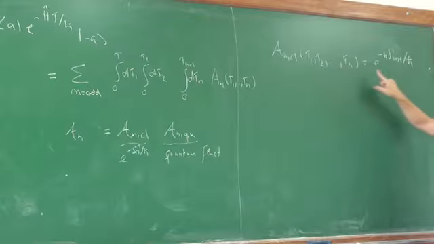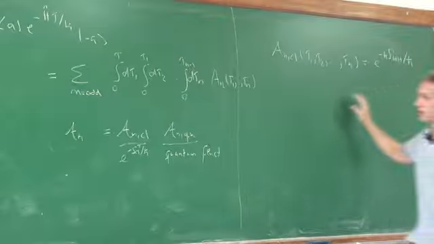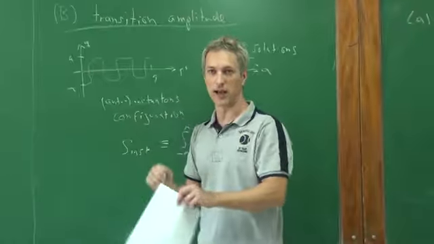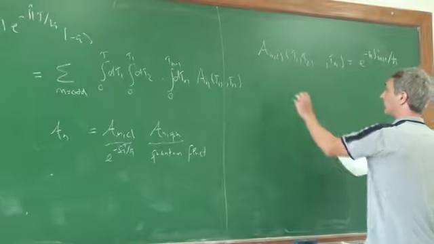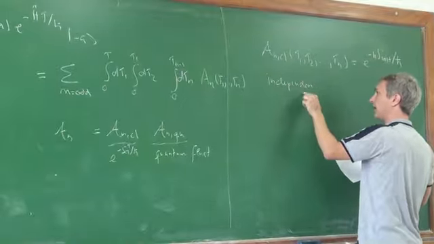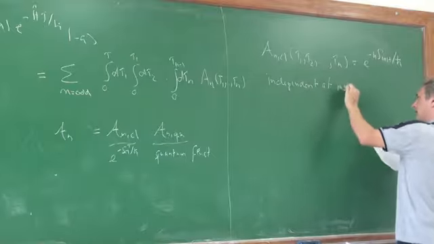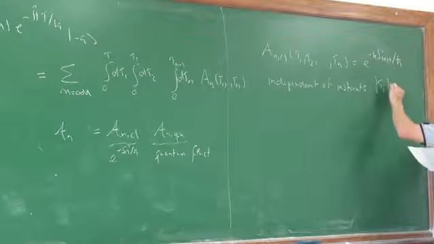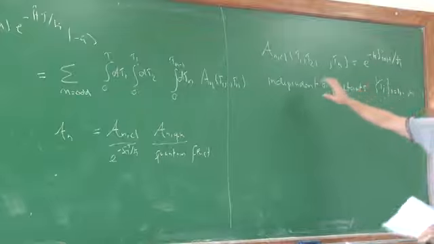And as said, what we always implicitly assume is that these objects are independent of each other, like in the dilute gas approximation. So this is independent of how the transition is going to happen. So that was the first part.